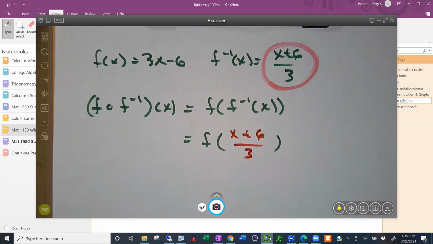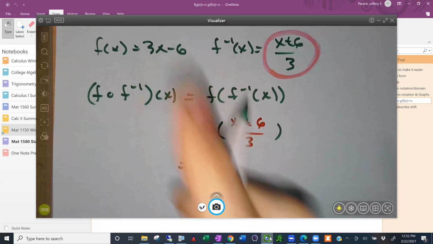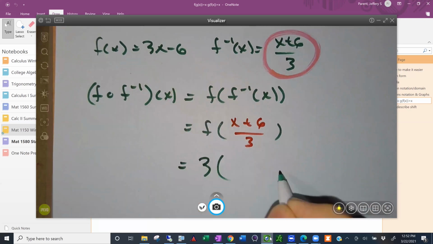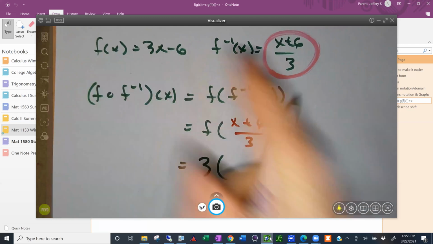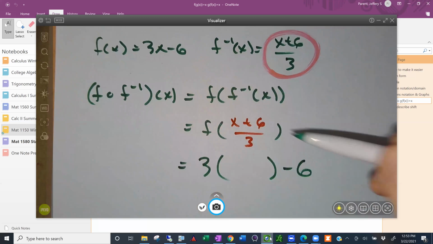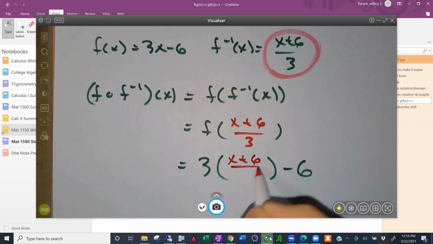The next thing they're going to give you is the rule for f. The rule for f says take 3 times x minus 6. Well, I don't have an x here. I've got (x plus 6) over 3. So all that stuff is going to be put right here.